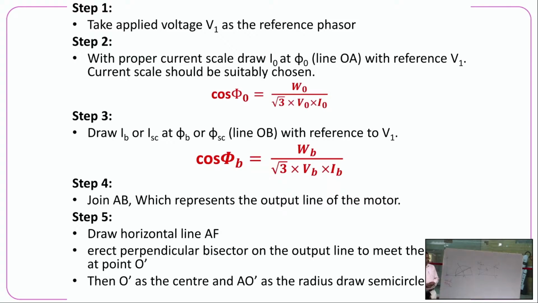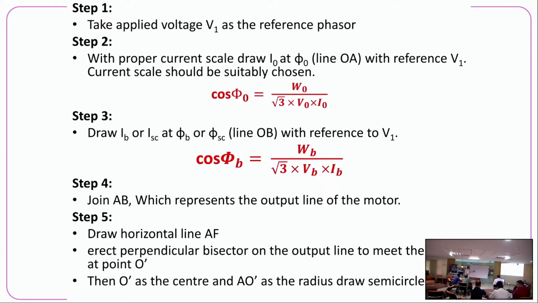Computation is next. So this is the process to draw the circle diagram. Draw the no load current OA at angle phi 0 with voltage. Then draw the short circuit current OB at the rated voltage. Draw one horizontal line from point A. Then draw the perpendicular bisector of AB.